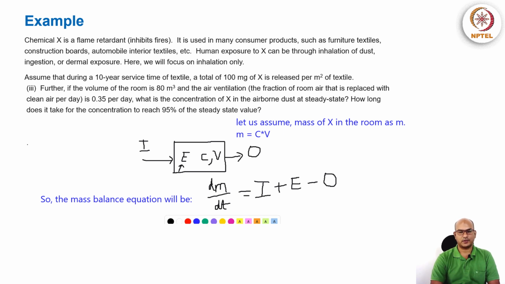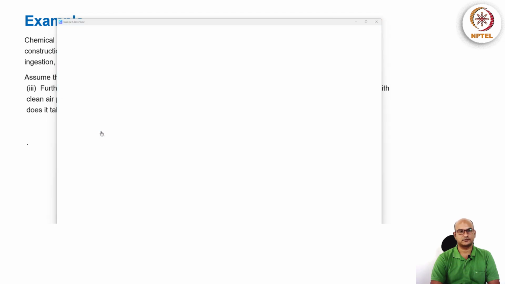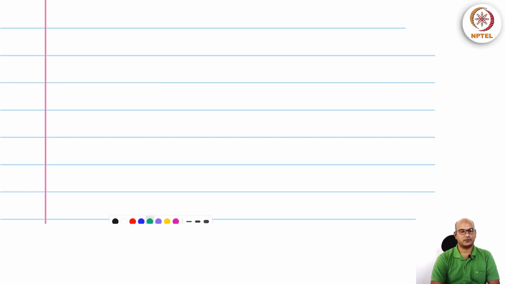Okay, so now we will go one by one. I am just going to write the equation at the top: dm by dt equal to I plus E minus O. Now volumetric flow is volumetric exchange.